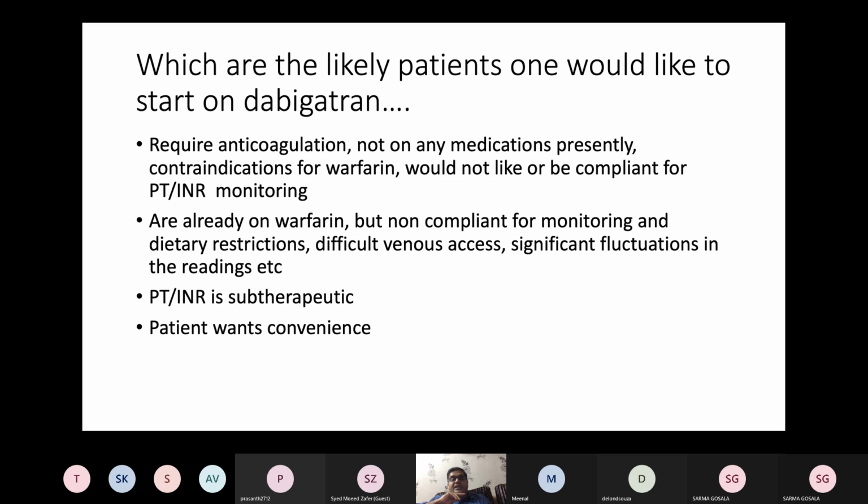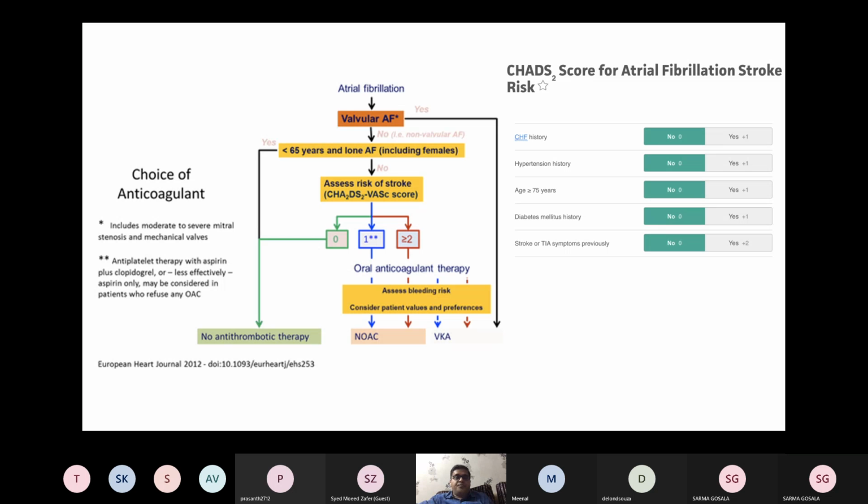And if the PT INR is subtherapeutic despite using an optimum dose of warfarin, that is also an indication to change to dabigatran. And if patients themselves express that it's difficult for them and they want an easier way of taking drugs, then I think dabigatran becomes an indication.